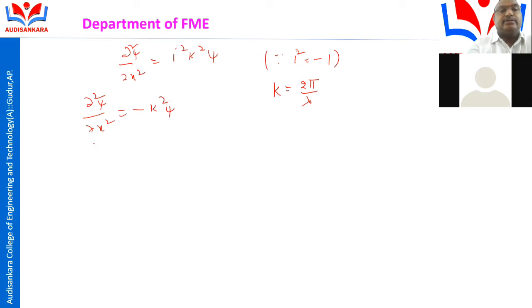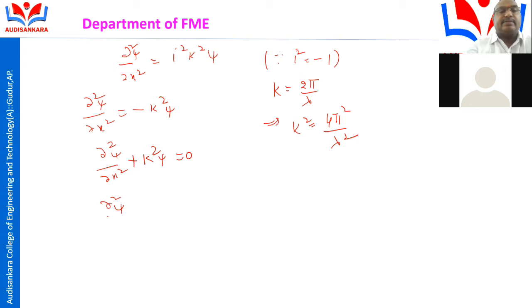So, my dear students, transferring the negative term from right side to left side, dou square psi by dou x square plus k square psi is equal to 0. Where k is 2 pi by lambda, it implies k square is equal to 4 pi square by lambda square.